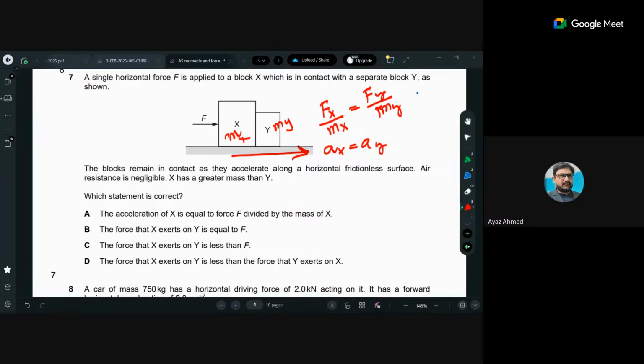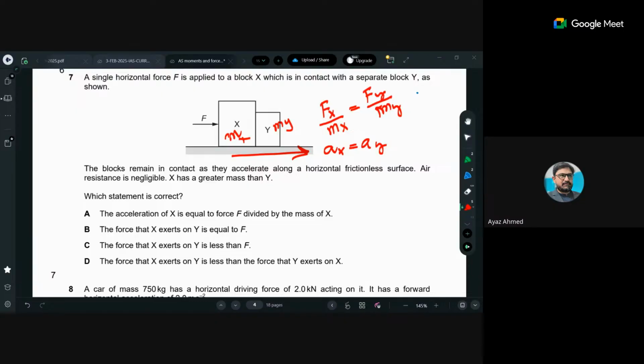Acceleration is force by mass. So check, the acceleration of x equals the force F divided by the mass of x, is it? Okay, the force that x exerted on y is equal to F.